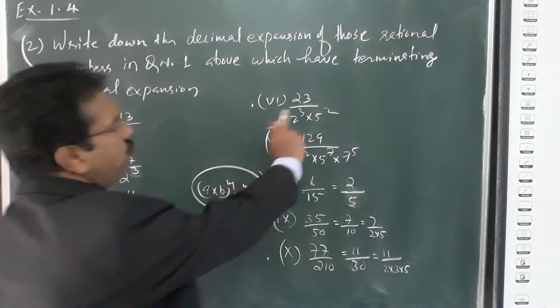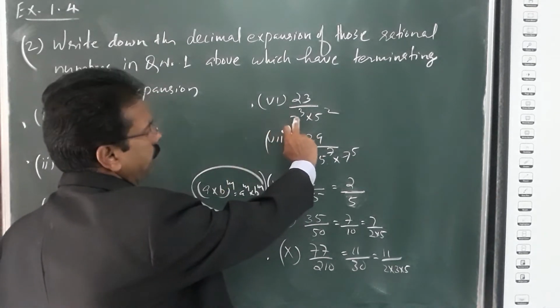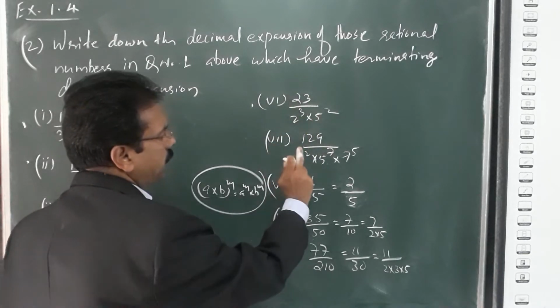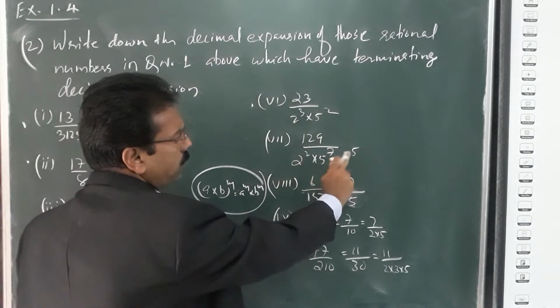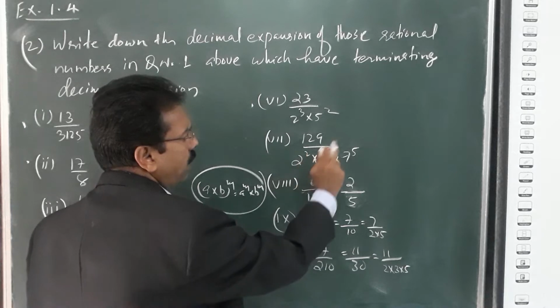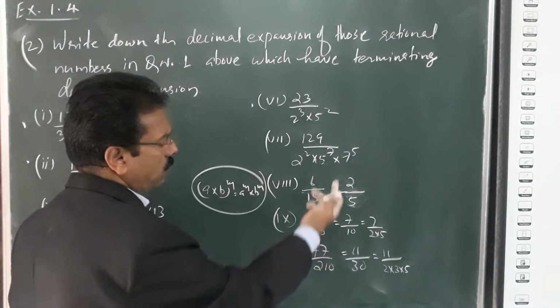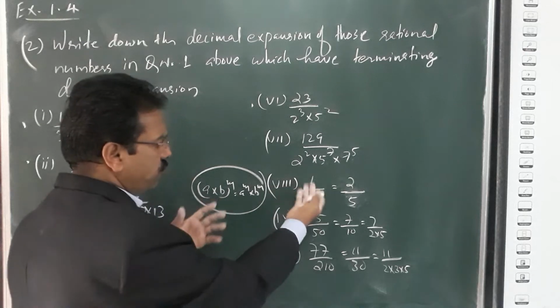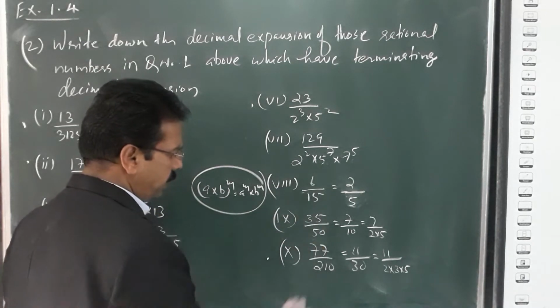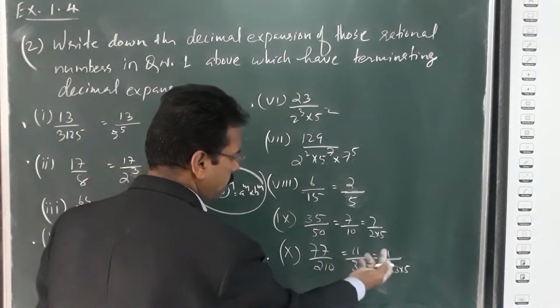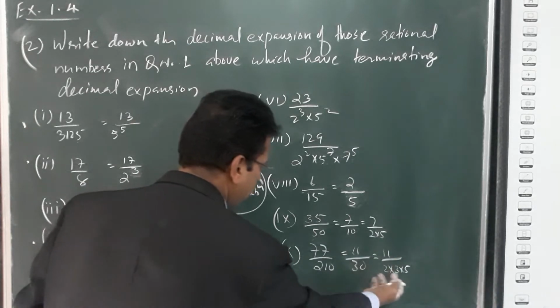Next is terminating because 2 and 5 only. Next is non-terminating because with 2 and 5, 7 is also there as a factor of q. And 8, only factors of 5, is terminating. Next is non-terminating recurring because 3 is there other than 2 and 5.